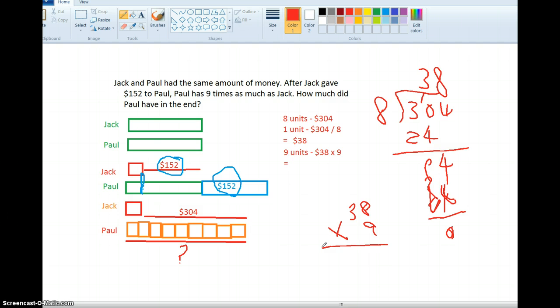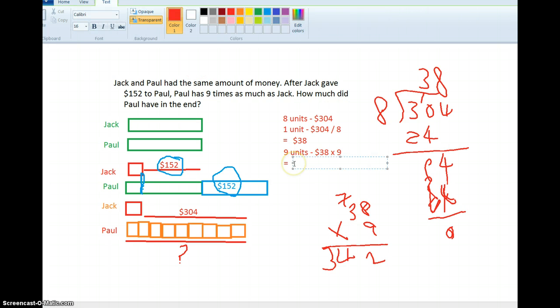Eight times 9 is 72. 3 times 9 is 27. 27 plus 7 is 34. Therefore, 9 units would be $342. So Paul had $342 in the end.